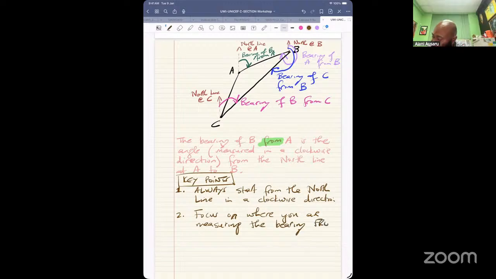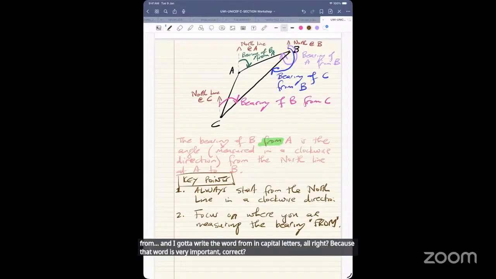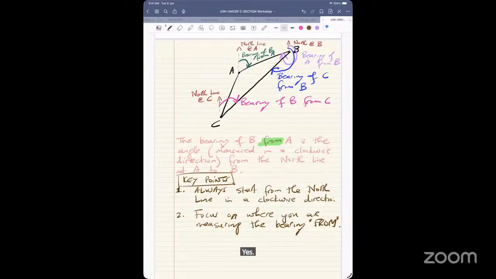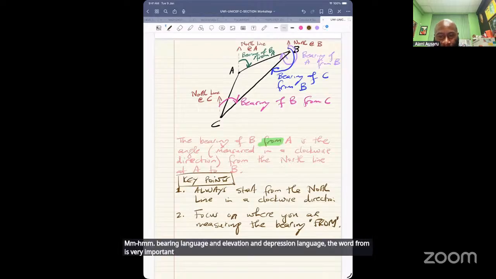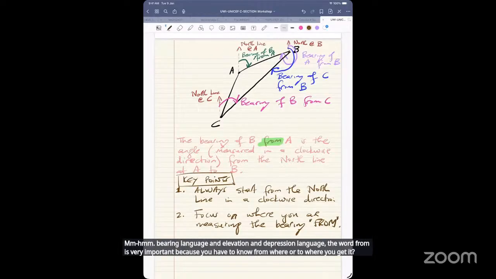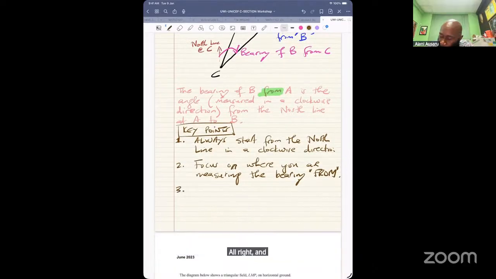I'm going to write the word from in capital letters, because that word is very important. In bearing language and elevation and depression language, the word from is very important because you have to know from where or to where. You get it?